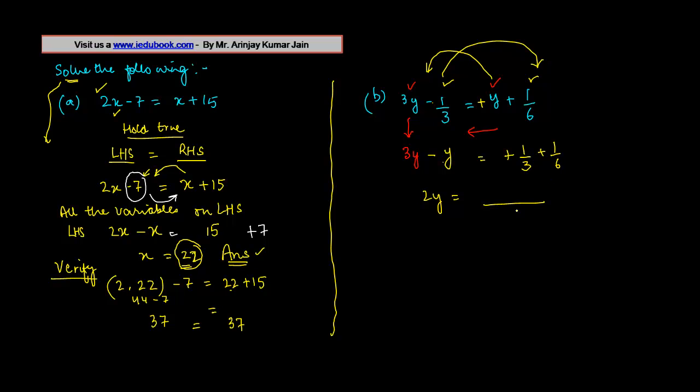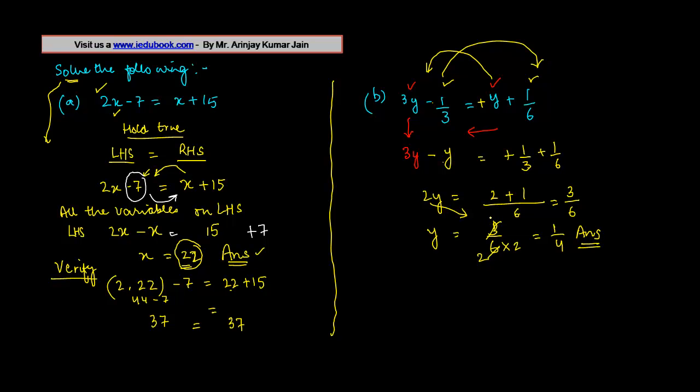We take the LCM of these two, which is 6. 6 divided by 3 gives you 2, 2 into 1 is 2, plus 1. 6 goes into 6 one time, 1 times 1 is 1. So 3 upon 6. Or we say y is equal to 3 upon 6 divided by 2, the denominator into 2. 3 goes into 6 2 times, so 1 upon 4 is the answer.